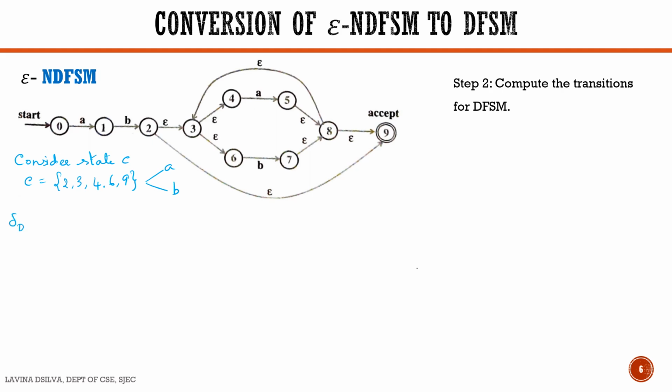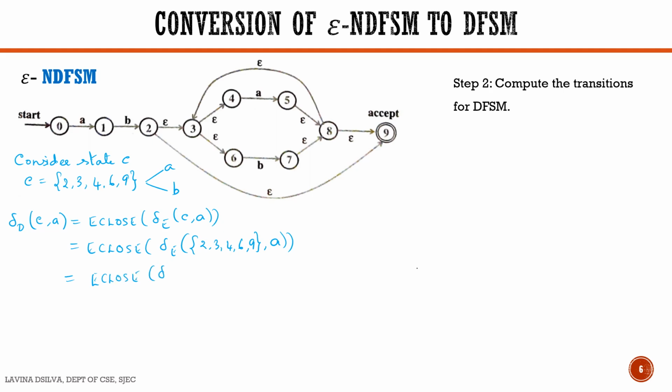So delta D of C comma A is equal to E closure of delta E C comma A. Now what is C? E closure of delta E of 2, 3, 4, 6, 9 and A. We can rewrite this.